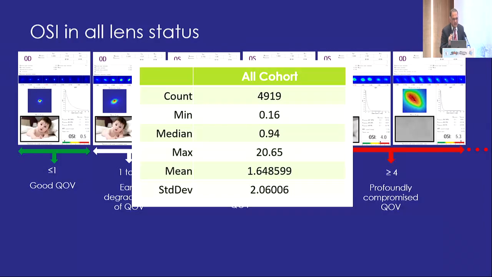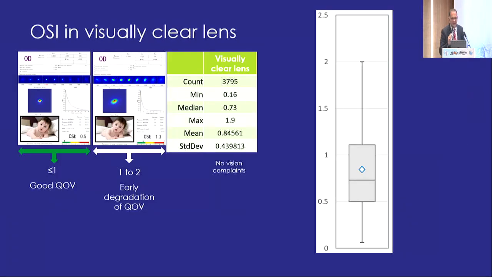During the past year, we examined 2,500 patients, which is about 5,000 eyes. We excluded those eyes which had frank cataract, with OSI above 2, and started the analysis on the rest of the eyes.